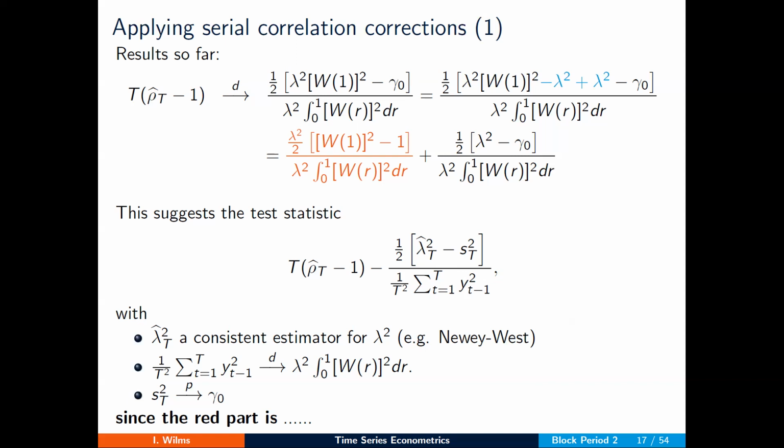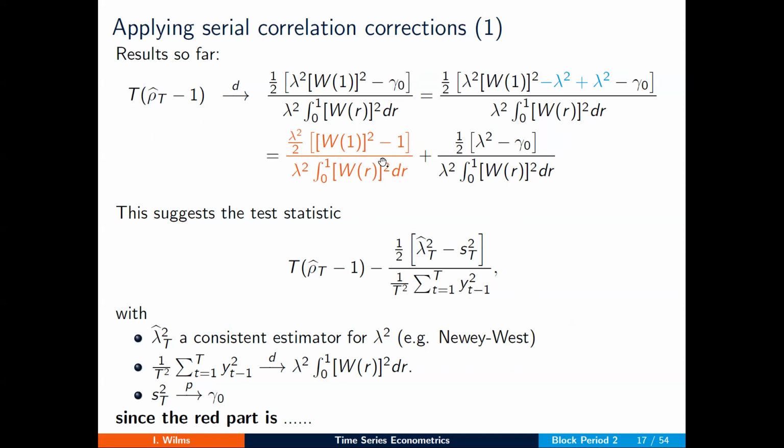We also know that the sample variance converges in probability to gamma naught. And we also recognize here the denominator, which we know converges to this limiting distribution. So in essence, we rewrote the limiting distribution of our regular test statistic in two parts: the Dickey-Fuller distribution, free of nuisance parameters, and a part that contains the nuisance parameters.